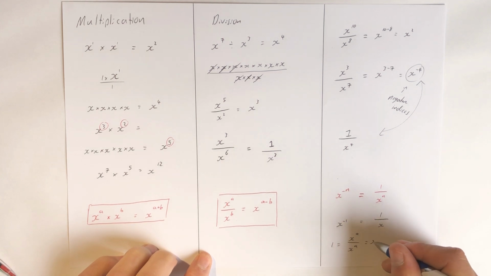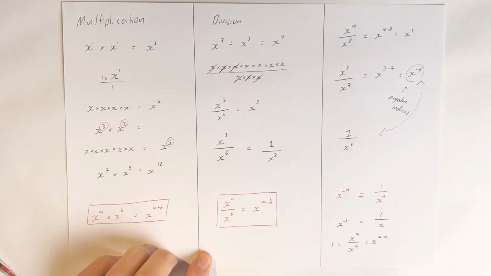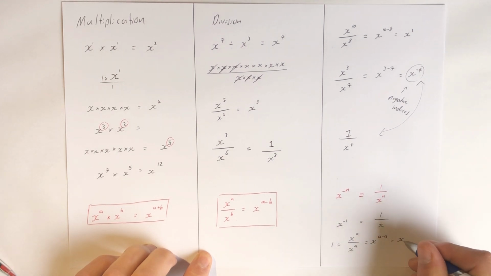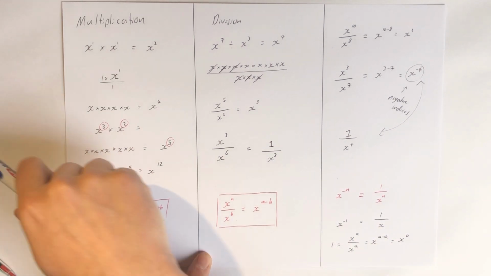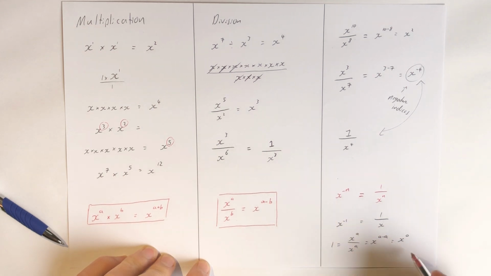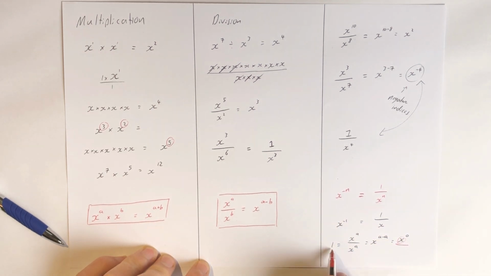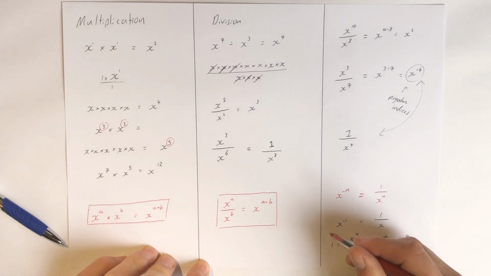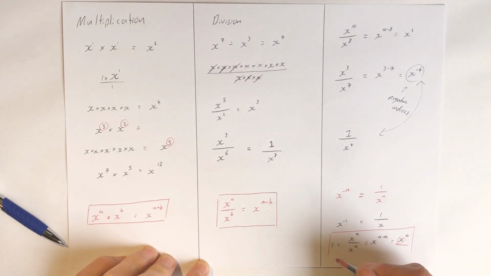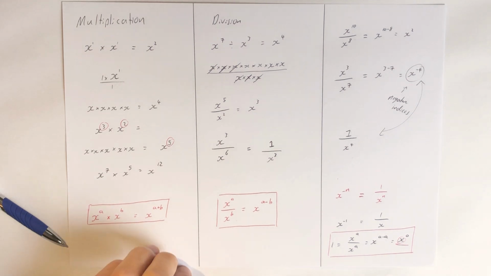So that's x to the a minus a. And anything subtracting itself is 0. And there we have it. A nice little proof that any number to the 0 is 1. So that is a nice little record of learning for you to add as well.